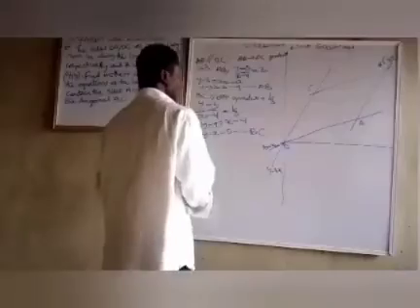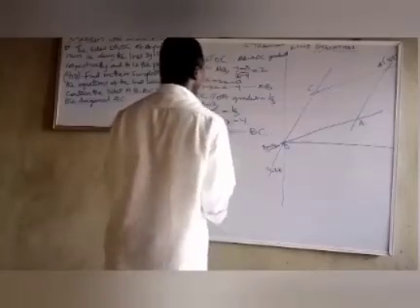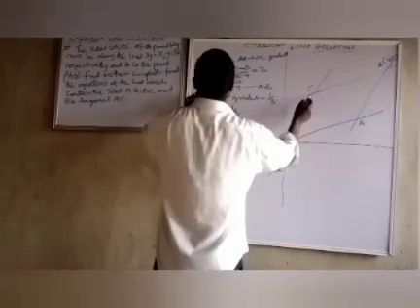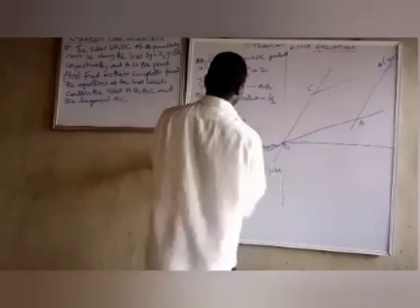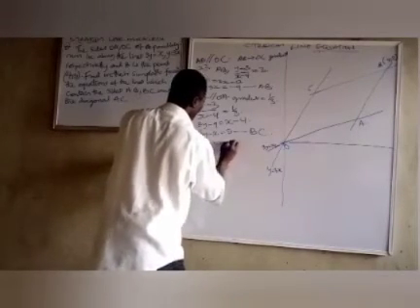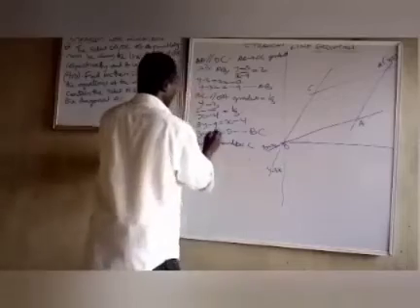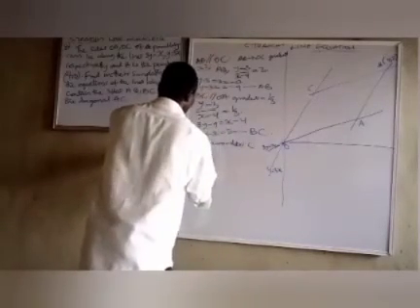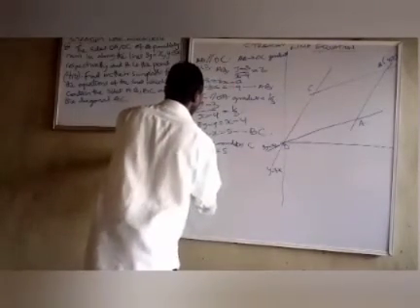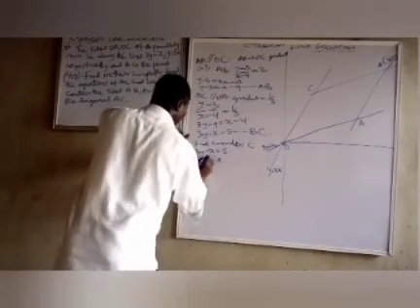Now it says the diagonal AC. That requires that we find the points C and A. To find point C, it is the intersection of y equals 3x and line BC. To find the coordinates of C, I have 3y minus x equals 5 and y equals 3x.